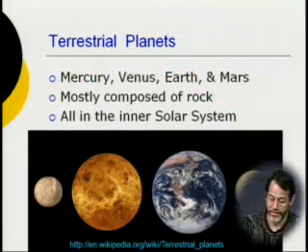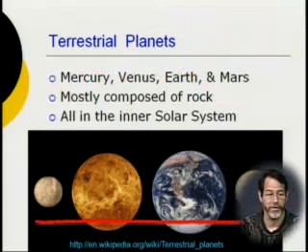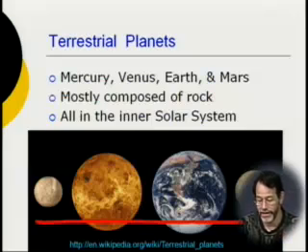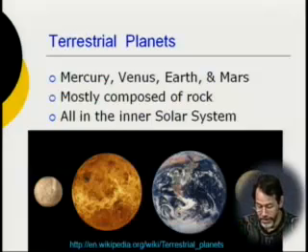So these guys all have enough mass to pull themselves into spheres. In our solar system, we go through a slight transition, and we'll see Wednesday that there's actually a dwarf planet that's right on the edge of that. And so these planets are roughly spheres.